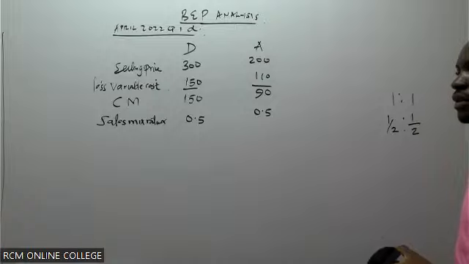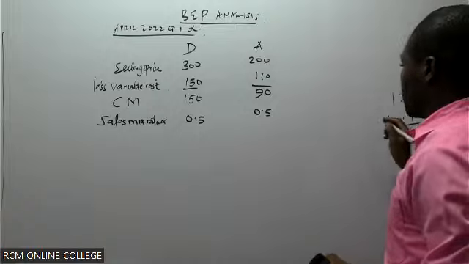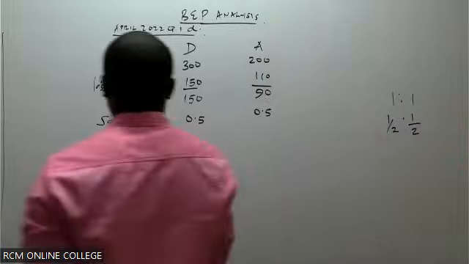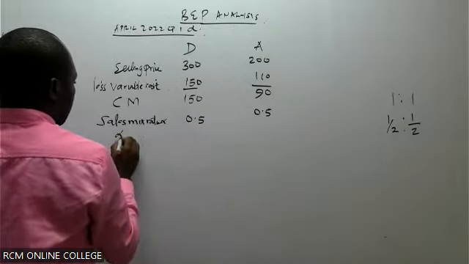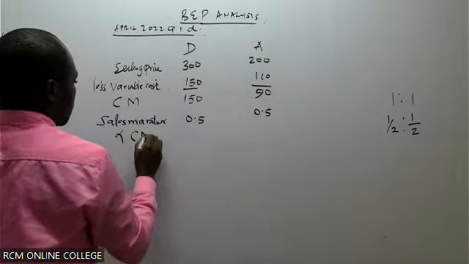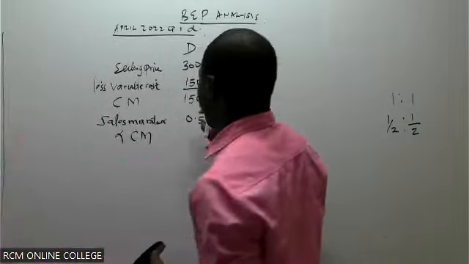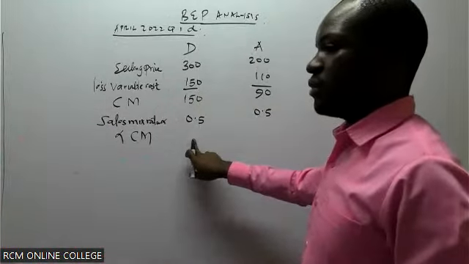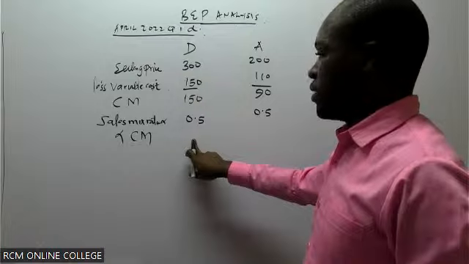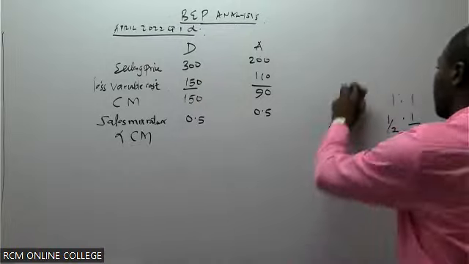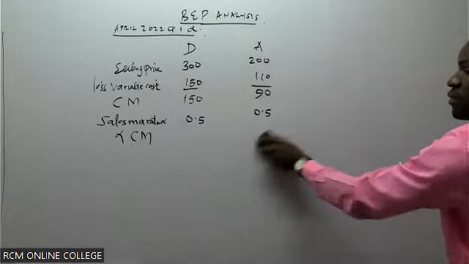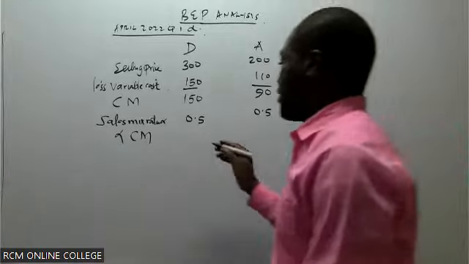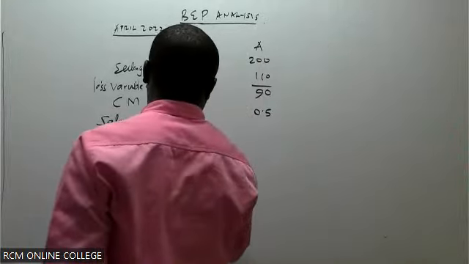Is it? Yeah. So once that is done, please go ahead and give me now the sales mix ratio multiplied by contribution margin. When you take 0.5 by 150, what are you getting here? 0.5 by 150, what are you getting? We are having 75.